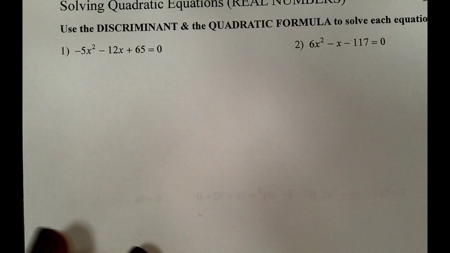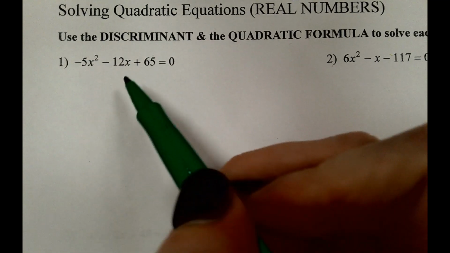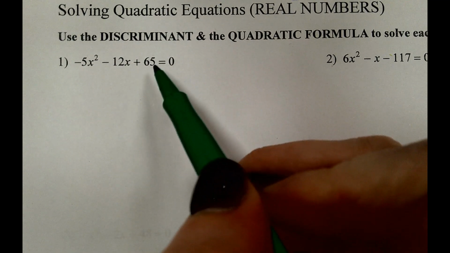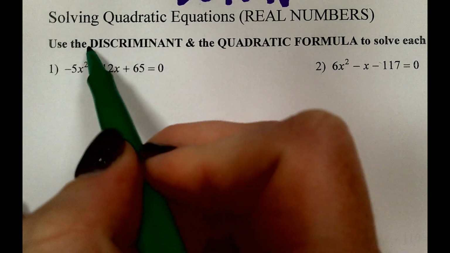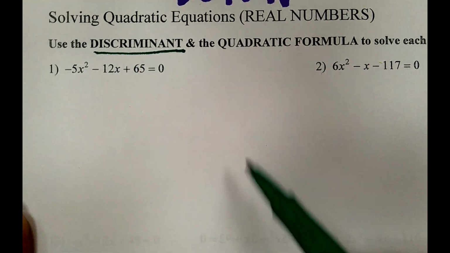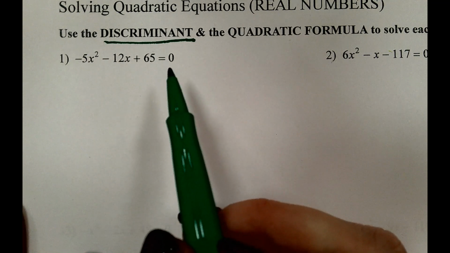So let's see. Number 1, I have negative 5x squared minus 12x plus 65 equals 0. So in the directions I said to use the discriminant in the quadratic formula to solve for x.